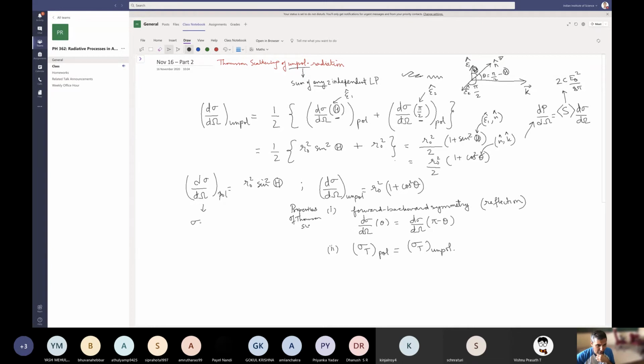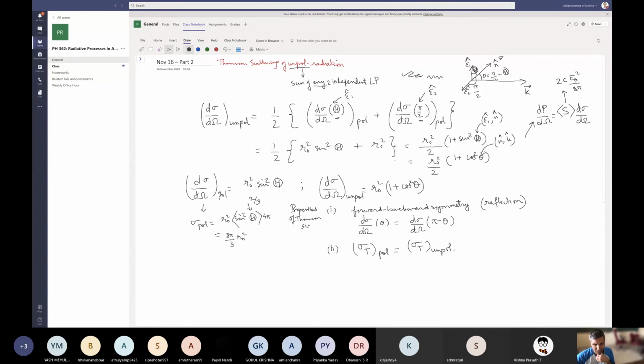So σ polarized is equal to r0 squared times the average of sin squared theta times 4π. I'm just integrating over Ω, and the average of sin squared theta is 2/3. If the symmetry axis is about the direction of acceleration, what you get is 8π/3 r0 squared.